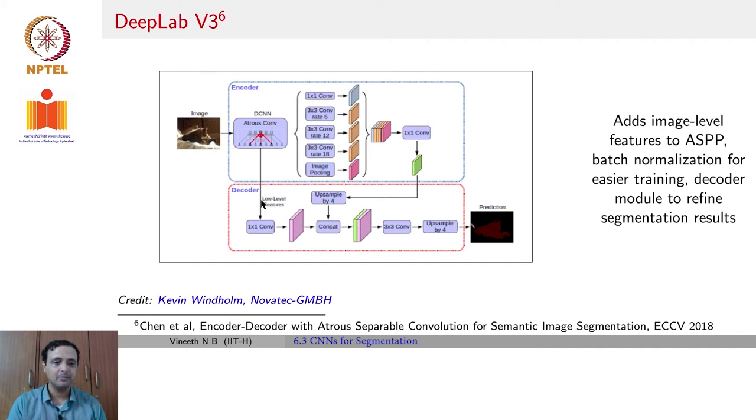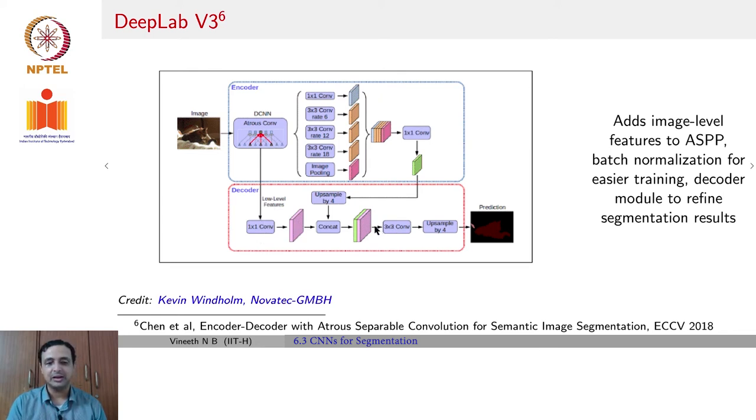So you can see here that you have the ASPP module, using which you perform 1x1 convolution, 3x3 convolution, and so on and so forth. You get a set of feature maps which are concatenated. 1x1 convolution is done to reduce the depth of those channels, and that is then upsampled by 4 and passed on to the decoder along with the output of the ASPP module.